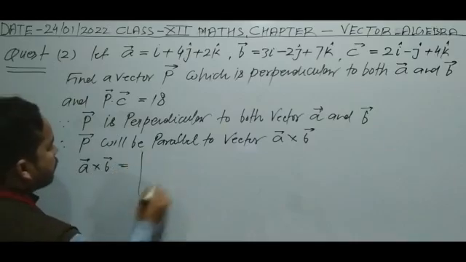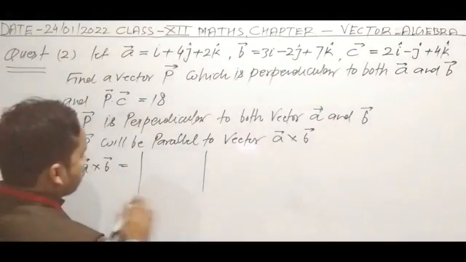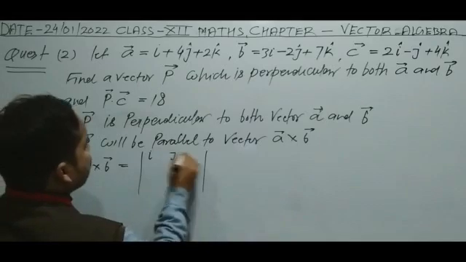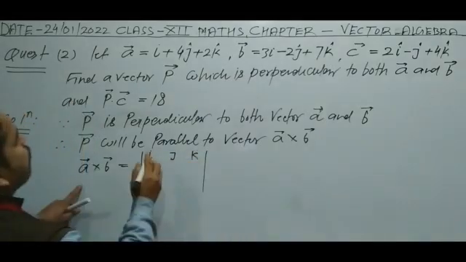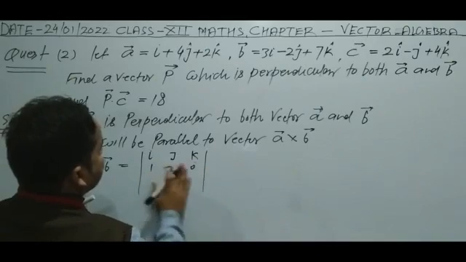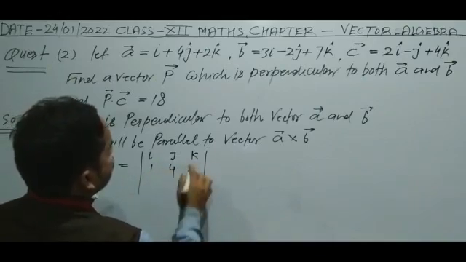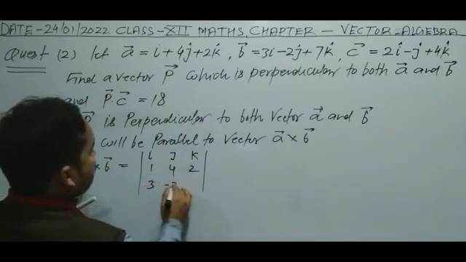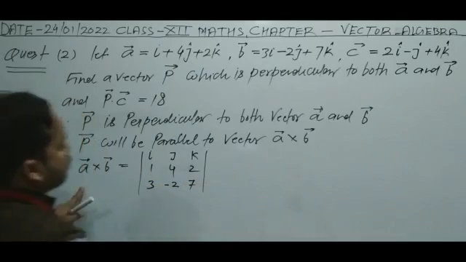Now calculate vector A cross vector B. By using the determinant method, we can write i, j, k. A vector is 1, 4, 2, and B vector is 3, minus 2, 7.